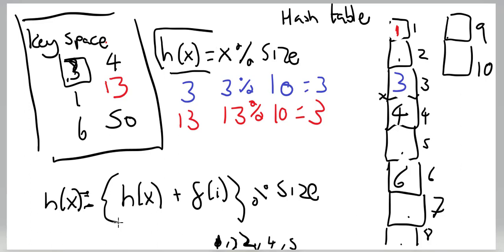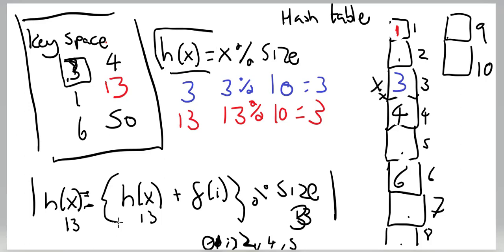So what we want to be doing next is using this formula here, with 13 and i starting at 0, so really we'll be using this formula the whole time. It'll go as 13, so it'll go as 3. We'll check here. Uh-oh, collision. Not cool.